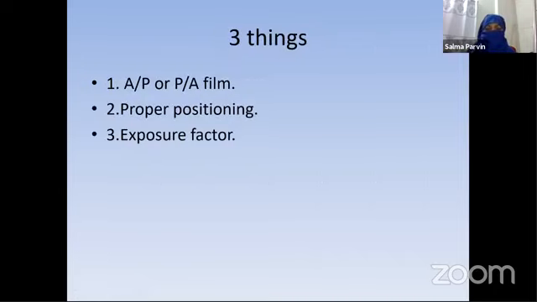The three very important things we have to keep in mind before we interpret a chest X-ray are: whether this film is a PA film or AP film, to be decided first, then the proper positioning and the exposure factors. How and why they are important we will come to know.